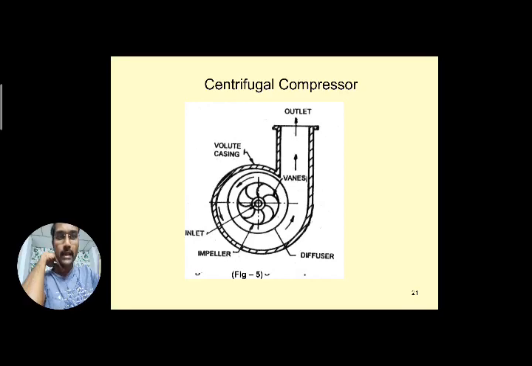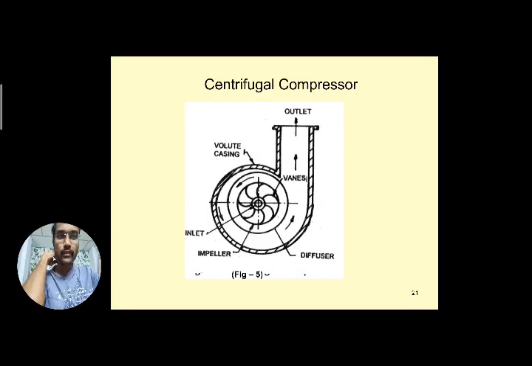Around that there is a cylinder, or you can take it as a diffuser, where the refrigerant, which entered and rotated in the vanes, gets diffused. You will see the importance of that.